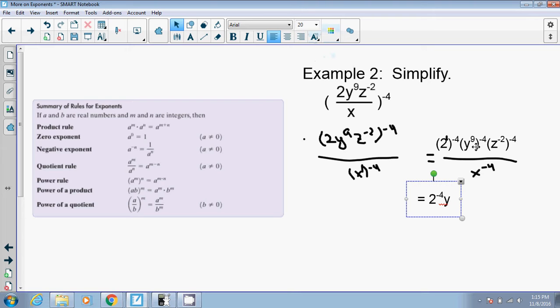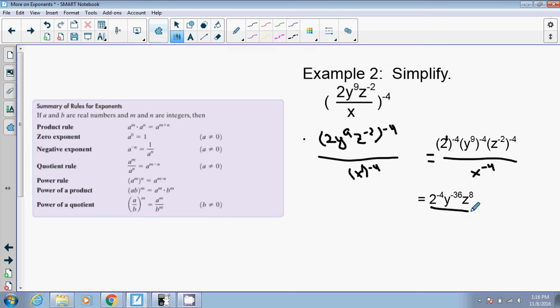We're doing y to the 9th to the negative 4th, so we're using the power rule, which just means multiply the 2 exponents. So 9 times negative 4 gives me negative 36. And then on my z, again, I'm using the power rule because I have an exponential expression raised to an exponent. So I multiply. Negative 2 times negative 4 gives me an exponent of 8. And we know that's all over x to the negative 4th.